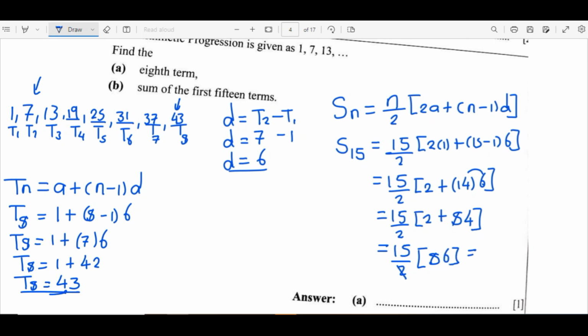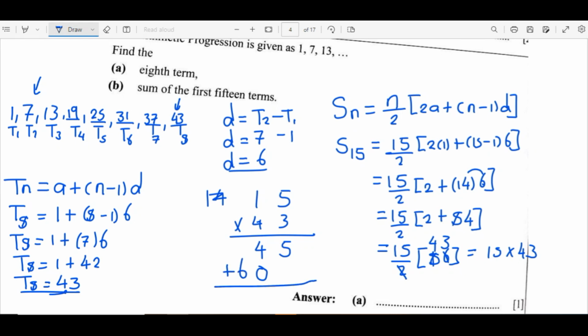Now 2 into 86: 2 here is 1, 2 here is 4, 2 here is 3. So we have 15 times 43. You can just use the old way of multiplication. 15 multiplied by 43. 3 times 5 is 15, carry 1. 3 times 1 is 3, plus 1 is 4. 4 times 5 is 20, we keep the 2. 4 times 1 is 4, plus 2 is 6.